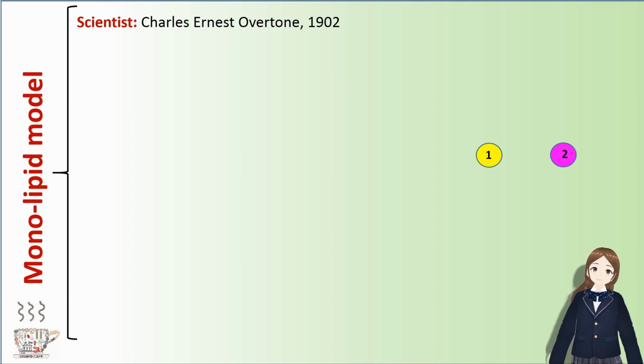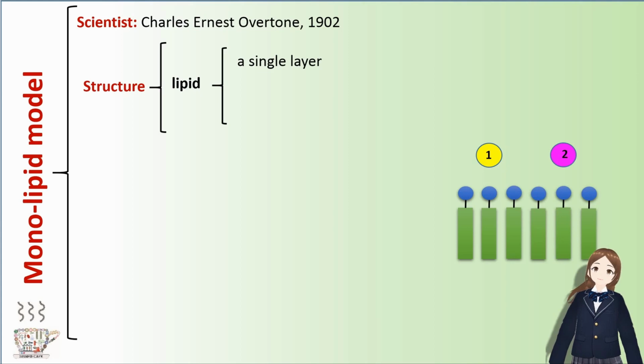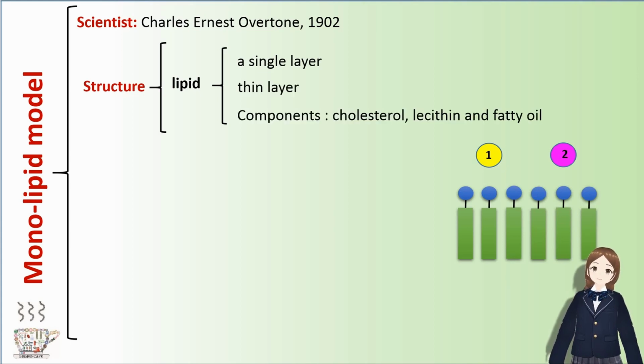Charles Ernest Overton presented this model in 1902. In this model, the cell membrane is composed of lipids as a single, thin layer, and components of lipids are cholesterol, lecithin, and fatty oil.